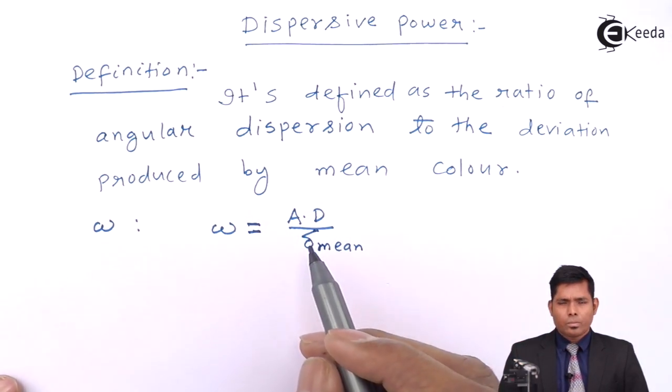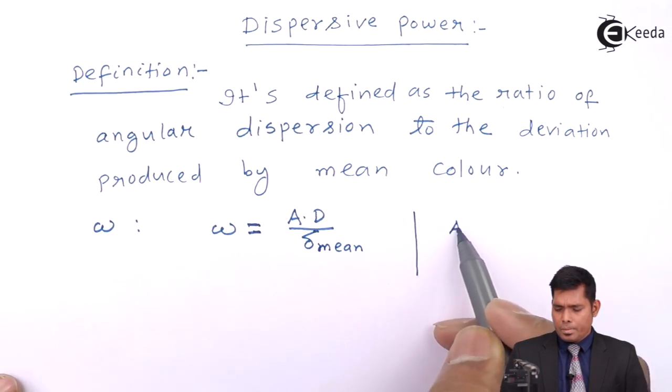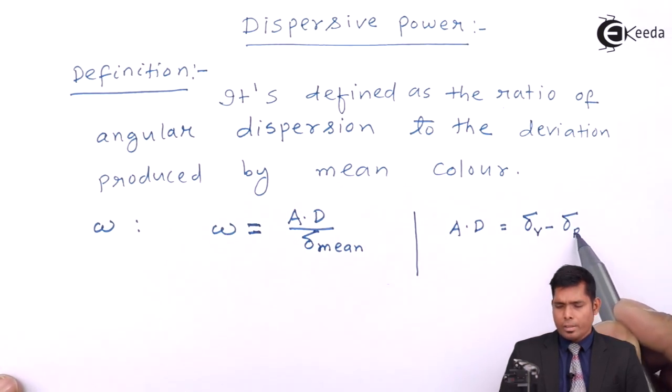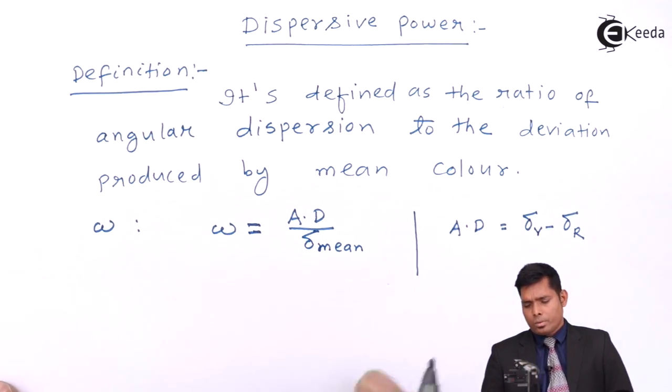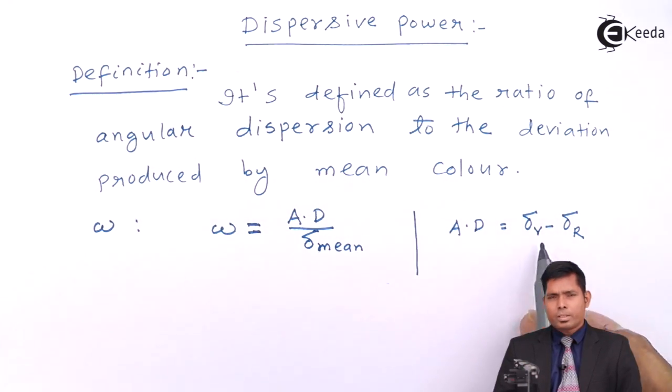angular dispersion, we have already found, is delta V minus delta R. It is the difference, the angular separation between the two extreme colors.